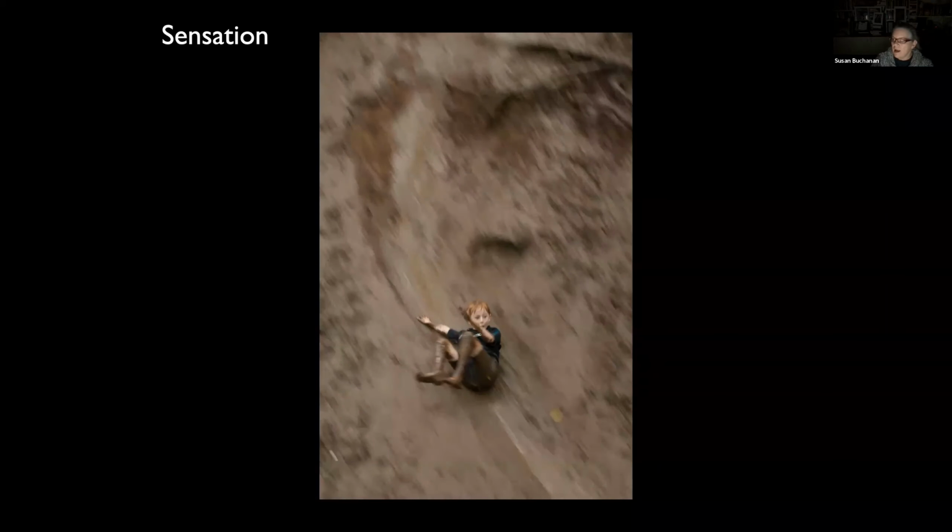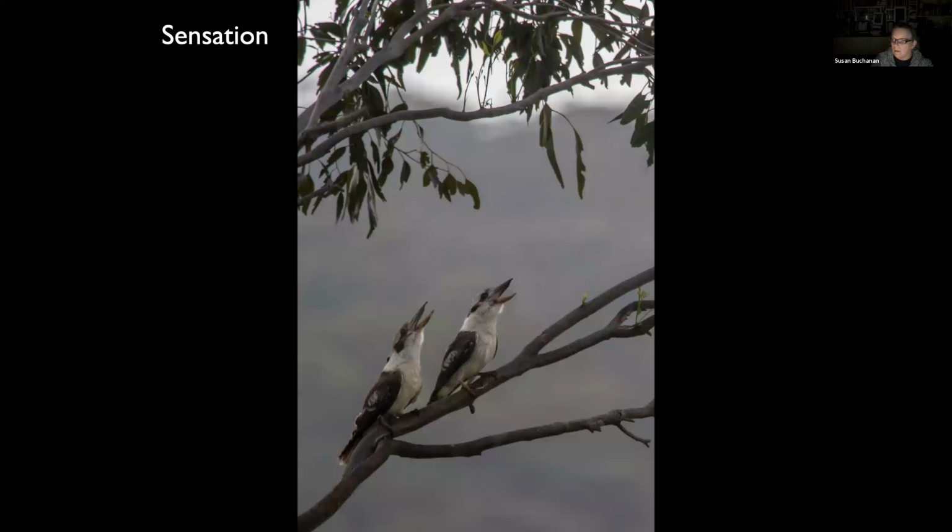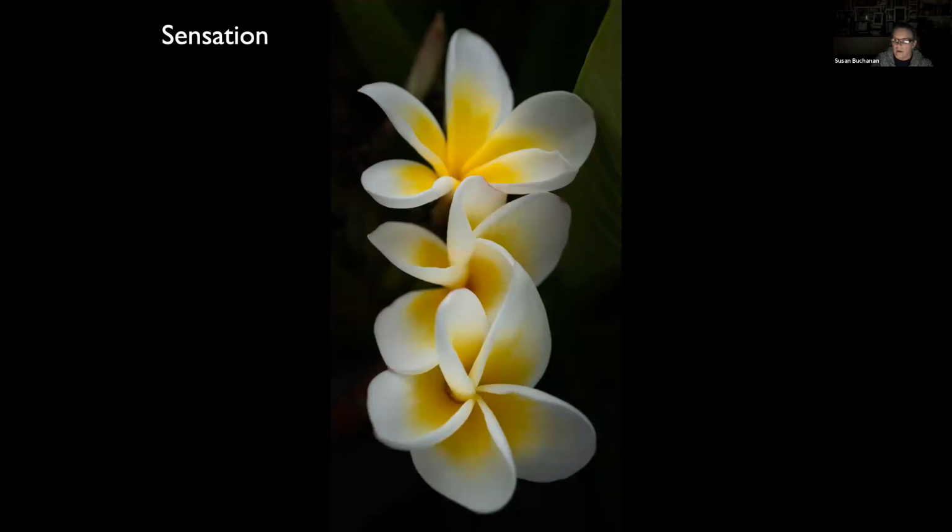Those kids were absolutely loving the mudslide. This is one where you can hear the kookaburras, so it's sound. And the last one I have is smell. The smell of the frangipani.